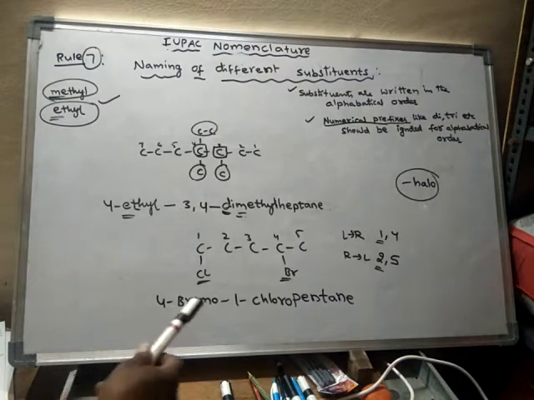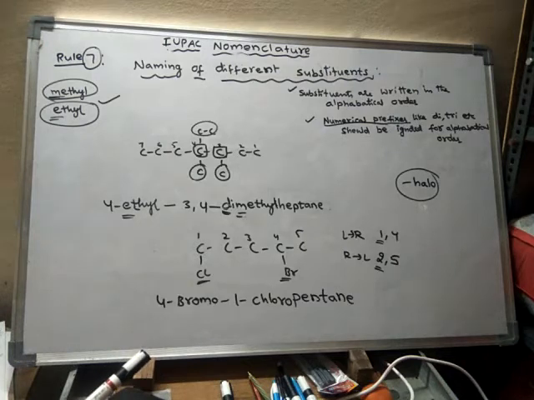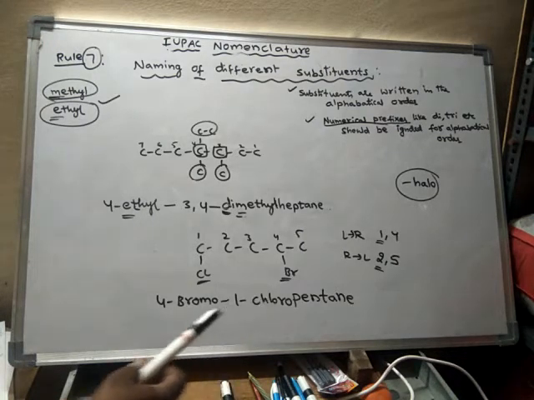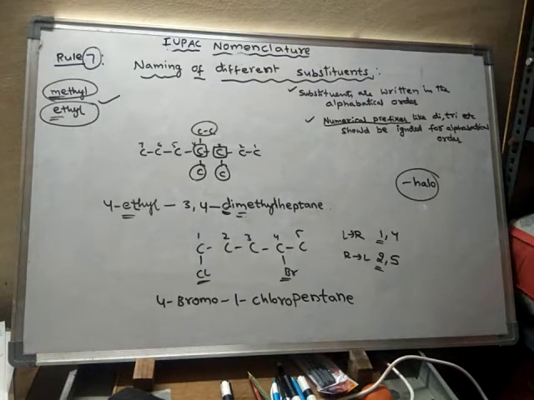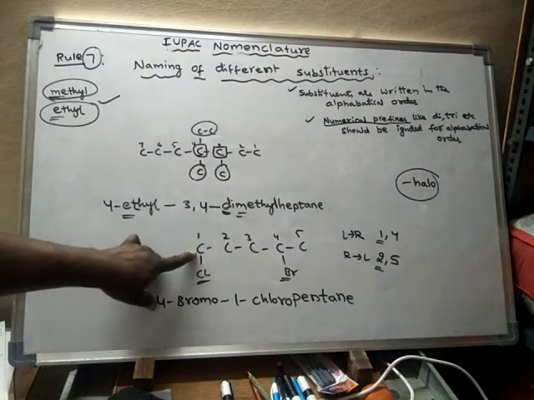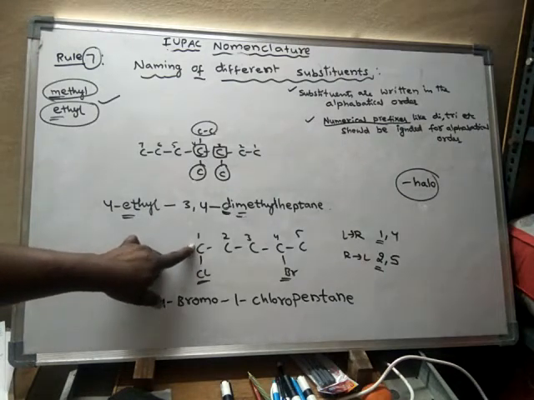So here we are following two things. What is that? One is alphabetical order, and numbering is done in the direction in which the first substituent is given the lowest numbering.